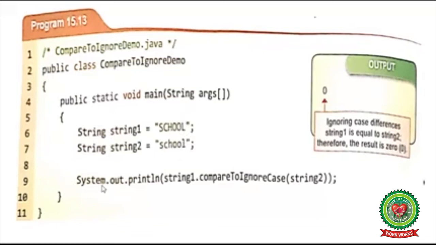So to get the output, we write System.out.println(string1.compareToIgnoreCase(string2)). String 1 is SCHOOL, string 2 is school, but both are in different cases. According to compareToIgnoreCase, the case will be ignored and the output will be 0. Yes, as both the strings will be equal.